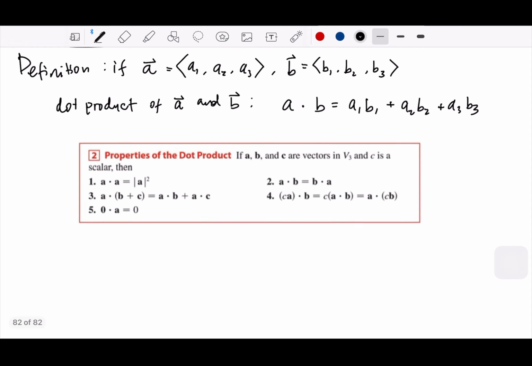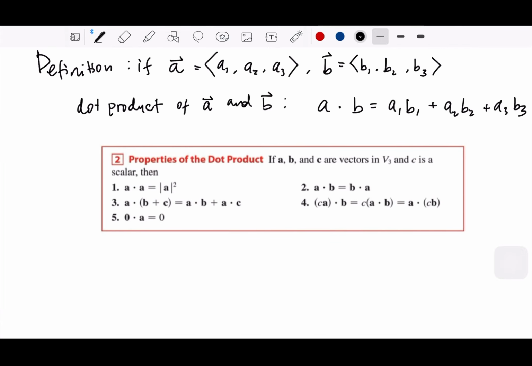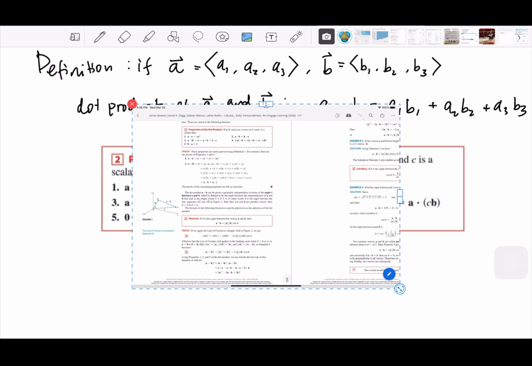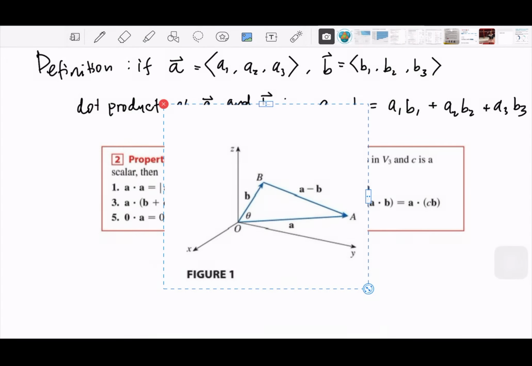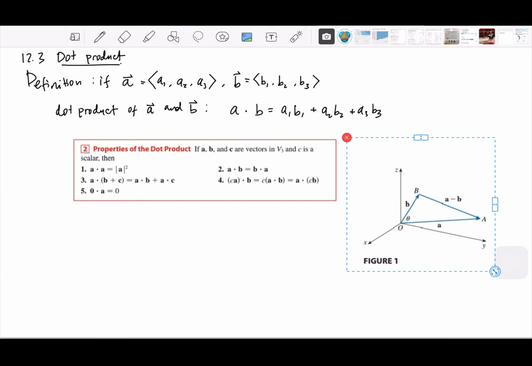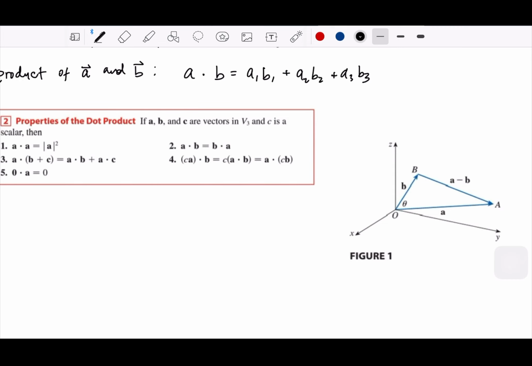Okay, another thing that's important in the dot product is the angle theta in between vector A and vector B, and we can see some relation to the dot product.